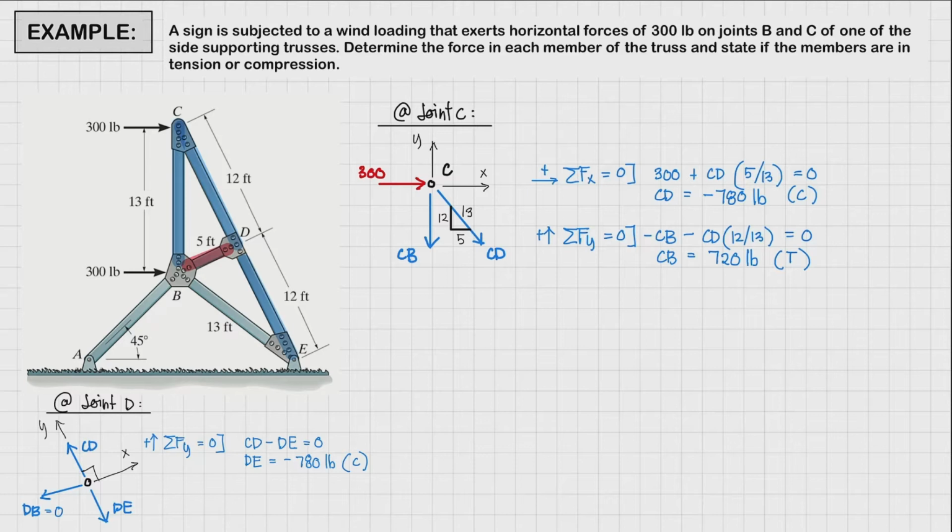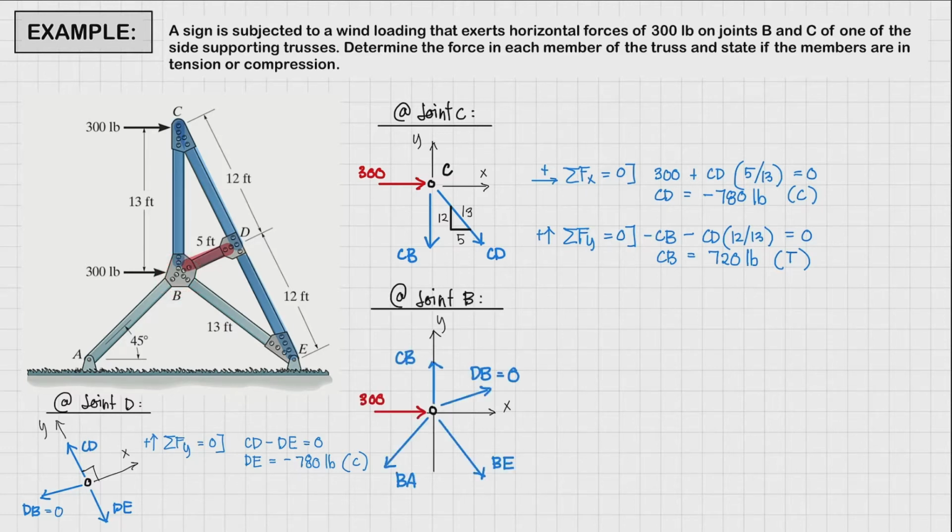So we can now proceed with joint B. Right, so we have here the free body diagram of our joint B. So we have multiple forces acting on joint B. We have CB, which we have already solved earlier. We have DB, which we have examined to be a zero force member. Next, we have our unknown force BA and our unknown force BE.